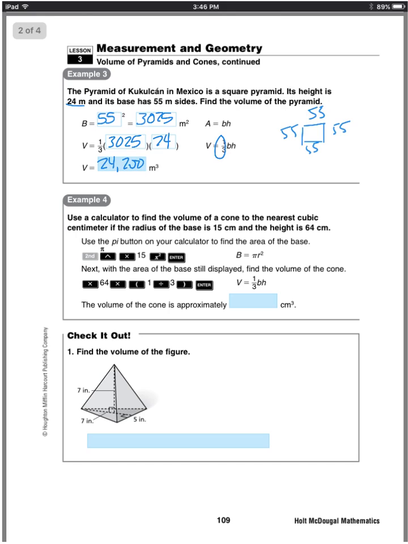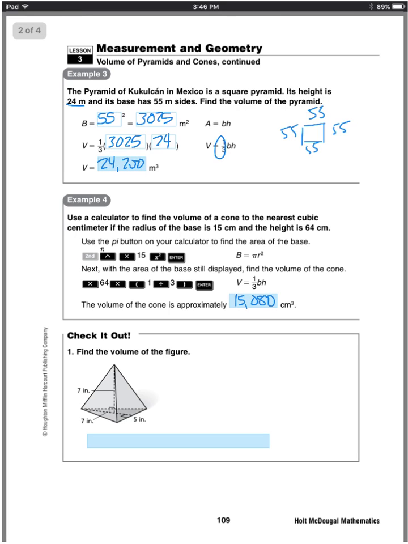Use a calculator to find the volume of a cone to the nearest cubic centimeter if the radius of the base is 15 centimeters and the height is 64 centimeters. Use the pi button on your calculator to find the area of the base. They do all that, and then the volume of the cone is 15,080.